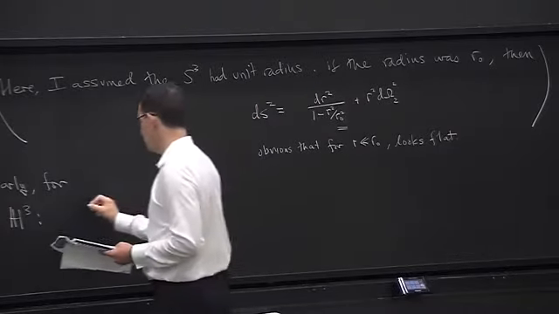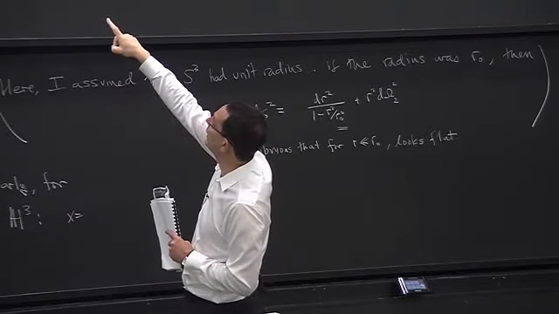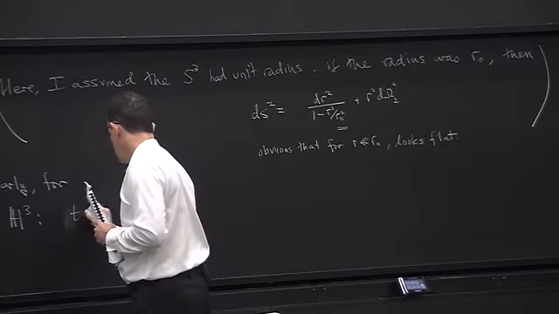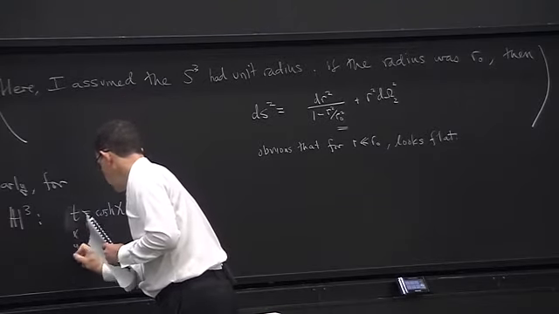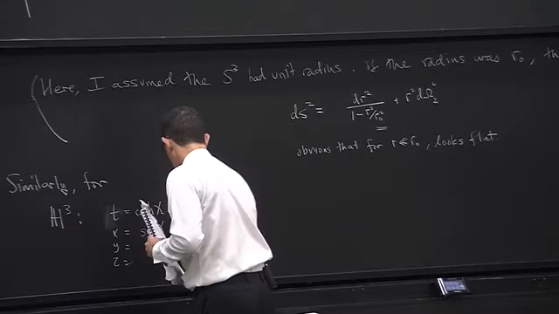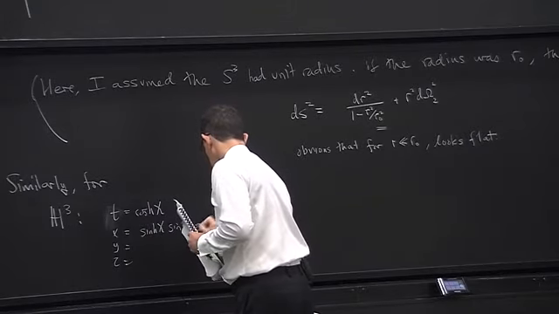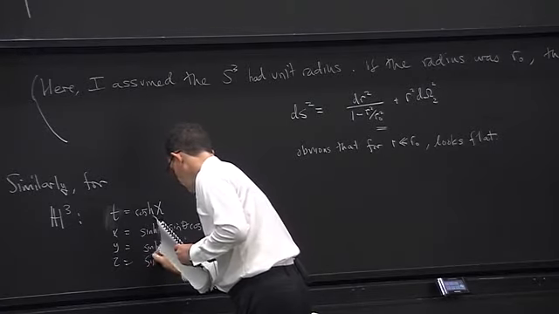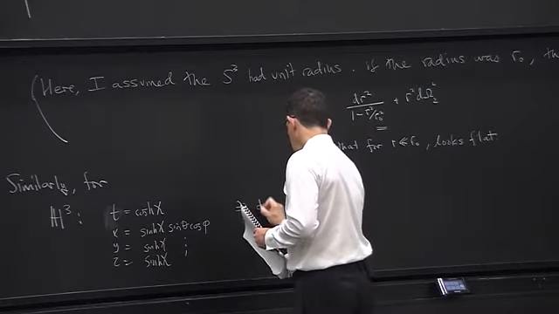Because we've got a minus sign in the H3, we'll need to say t equals cosh chi, and x, y, z will be sinh chi times sine theta cos phi, etc. And if you work that through, you'll find ds squared.